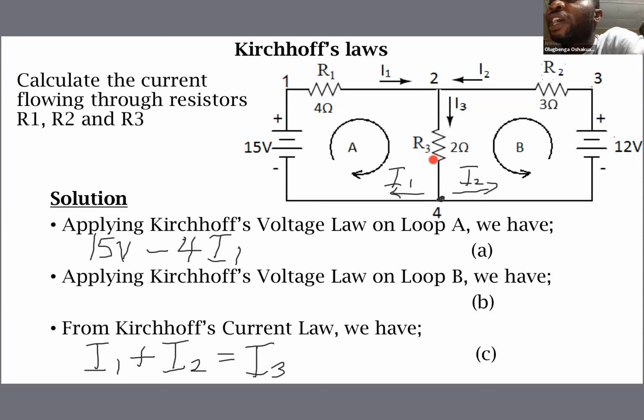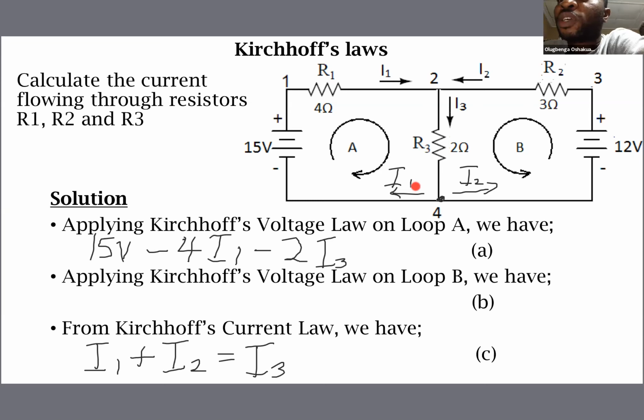Since R3 is 2 ohms, I3 R3 will be 2 I3. Because the direction of I3 agrees with the direction with which we are going through the loop, we have a minus. The product of resistance and current is voltage, which is minus 2 times I3.